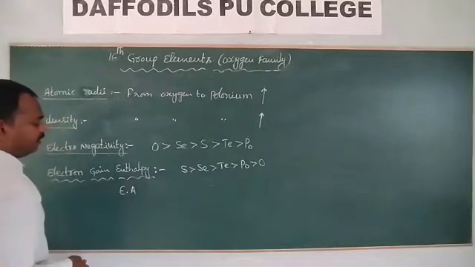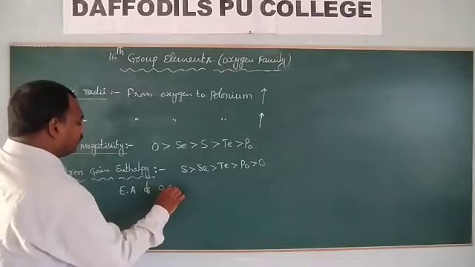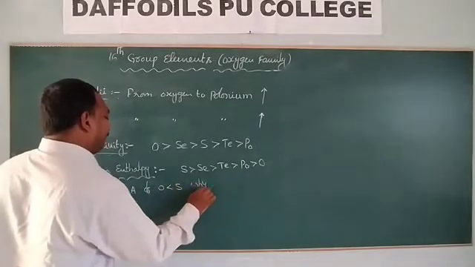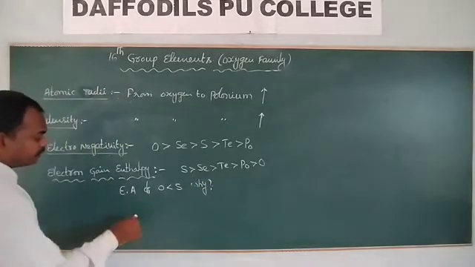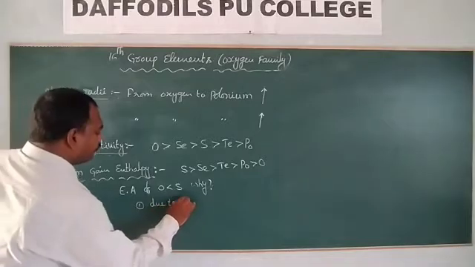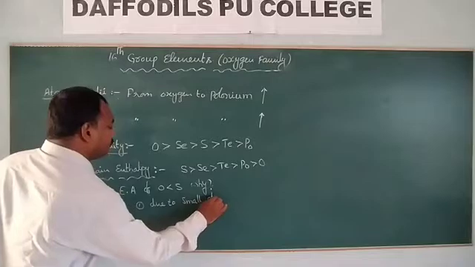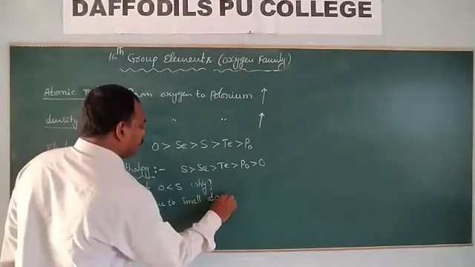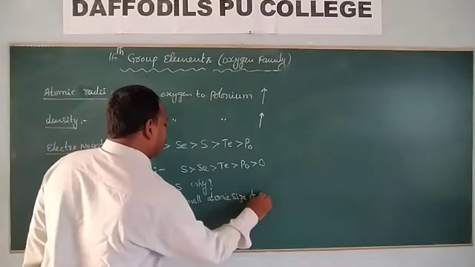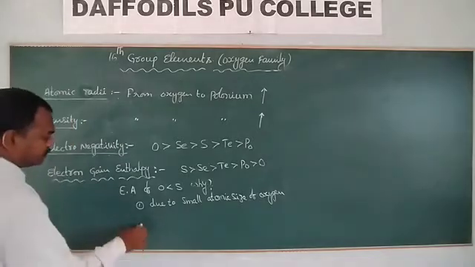Electron gain enthalpy or electron affinity of oxygen is less than sulfur. Why? Number one, due to the small atomic size of oxygen.